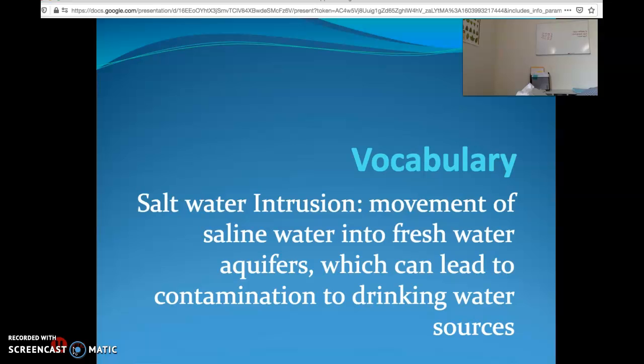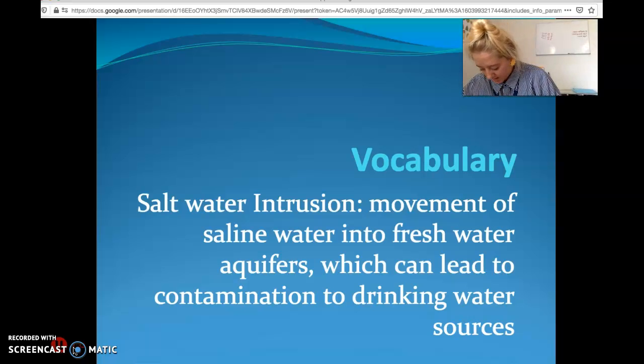It's a thing that's happening along the coast because of how heavily we are pulling from aquifers. So as we pull from the freshwater aquifers, that pressure that's created along the coast, if we pull too far on the aquifers, will actually bring some of that seawater into the system, making it salty.